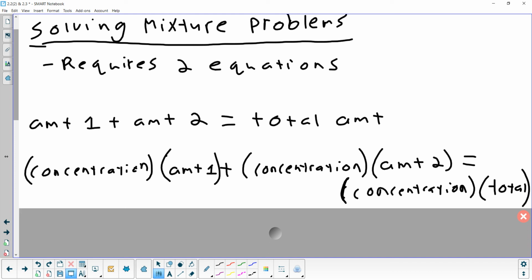The concentration will always be given to you as a percent. But we have to change the percent to a decimal.